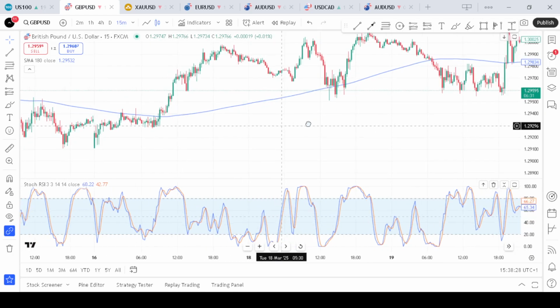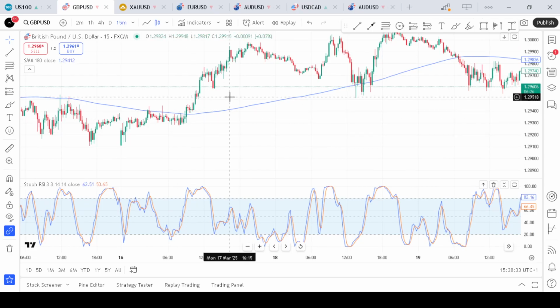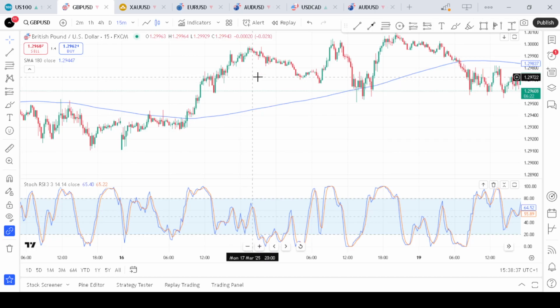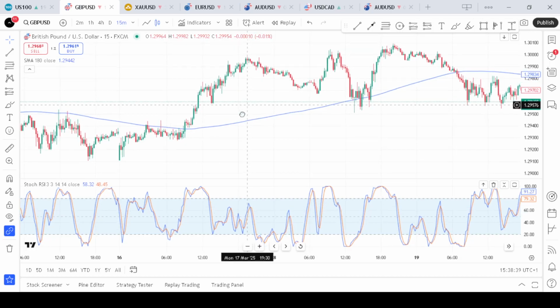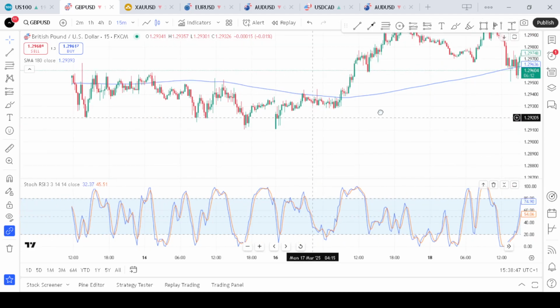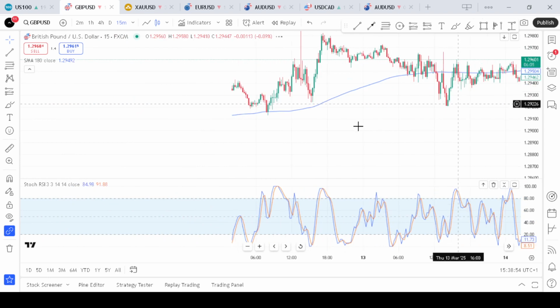The second step is to identify the trend using the 180 simple moving average as a trend filter. If price is consistently above the simple moving average, this indicates that we are in an uptrend. But when price is below the simple moving average, this suggests that we are in a downtrend.